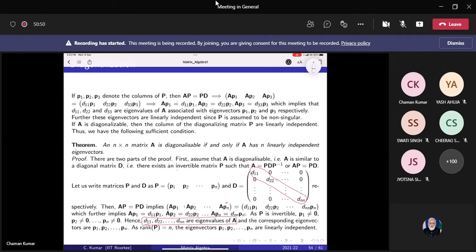And the corresponding eigenvectors are P1, P2, Pn.